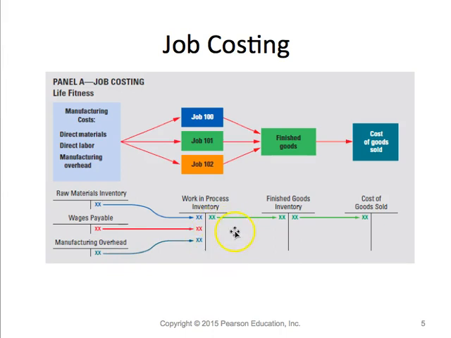Once we finish, work in process will be credited, and your finished goods will be debited. When all these goods are sold, finished goods inventory will be credited, and your cost of goods sold will increase by that amount. So this is basically job costing.